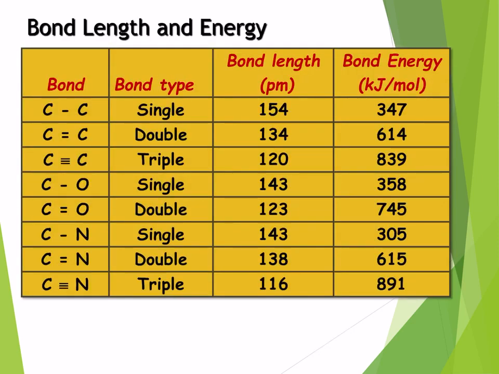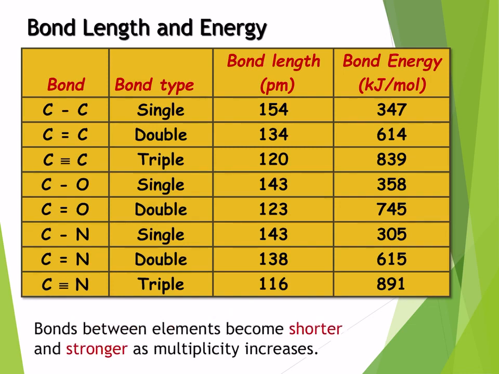So we talked about bond length and bond strength last time, and I used this term multiplicity, right? Which just means more bonds between the elements. So if we look at the carbon-carbon single bond versus the carbon-carbon double bond, we see that the double bond is shorter and the double bond is stronger.